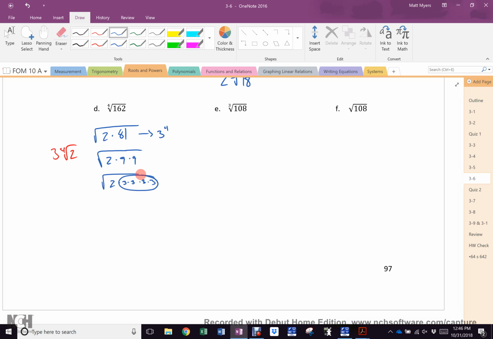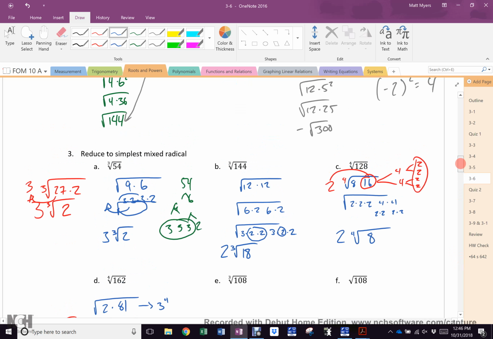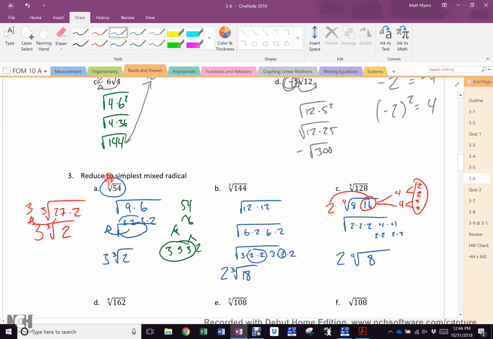Now, the next question is going to allow you to do something that you guys are really, really bad at. And what I mean by that is you look at every question like it's something new. You forget something you did 2 minutes ago, right? 2 minutes ago, we did the cube root of 54, didn't we?